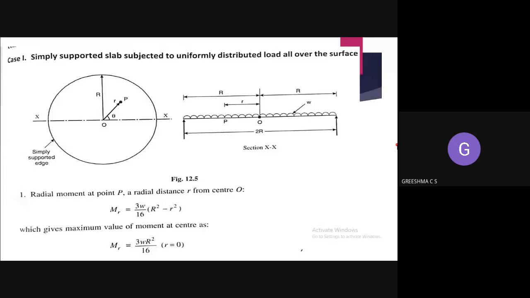So you can draw the figure. Please draw the figure.